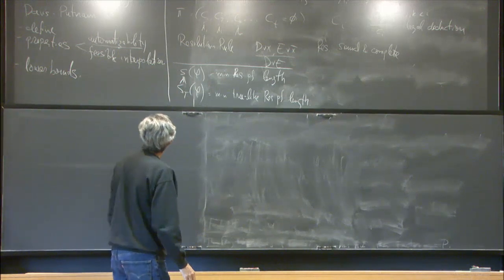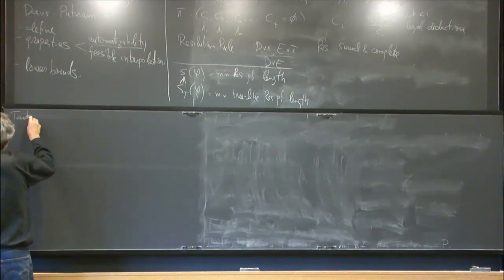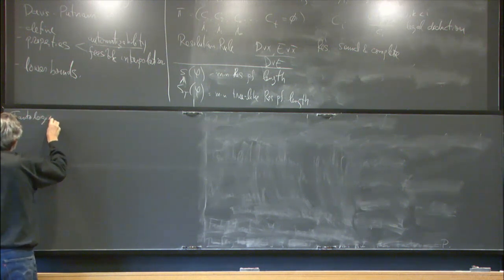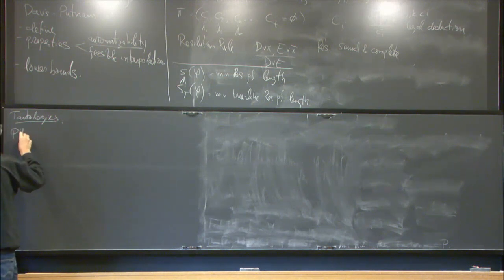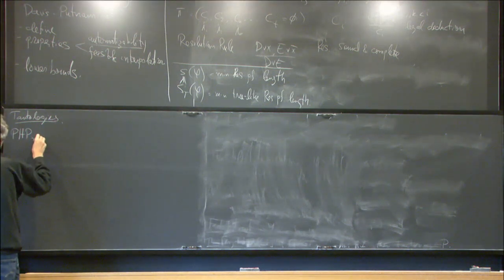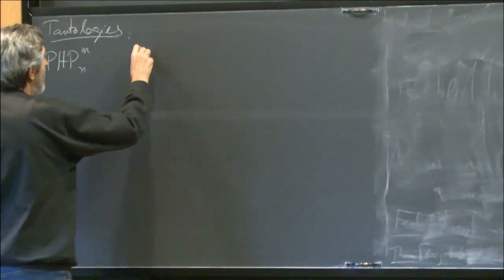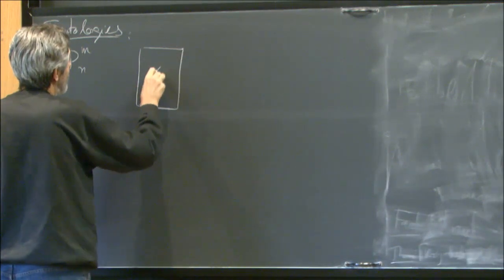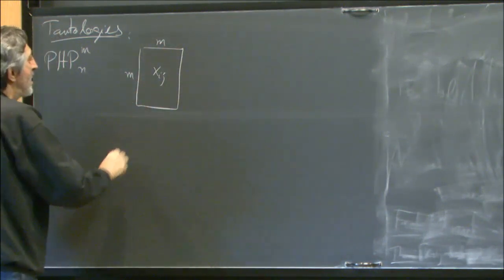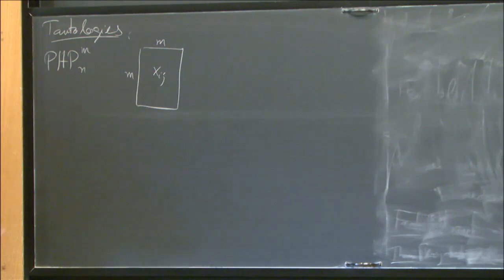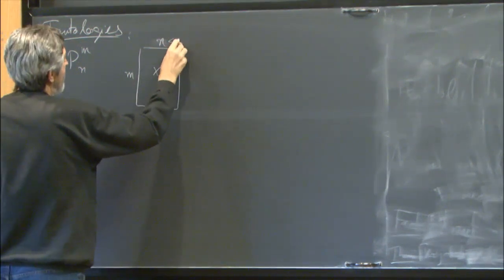Okay. So now I want to talk about the tautologies. PHP. So this I already discussed last time. Here you have variables x_ij. i goes between 1 and m, and j goes between 1 and n, where n is less than m.